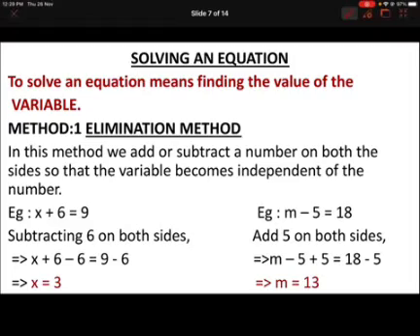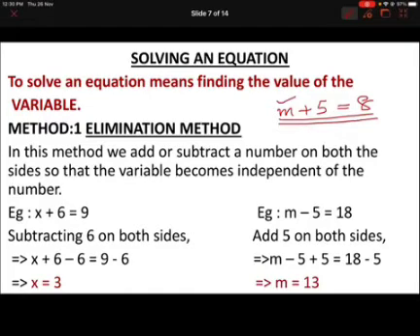What we mean by that is, suppose we have m plus 5 equals 8. Then our aim is to solve this equation. We have to find the value of m so that this equation is balanced.